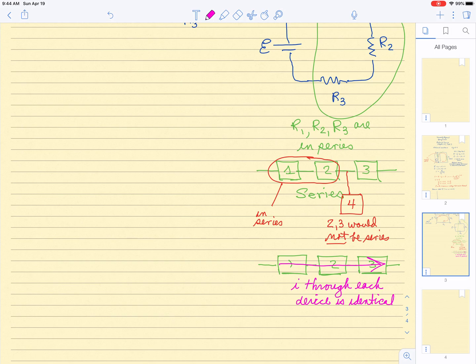But let's just think about that. That means that current moving through these devices can't bunch up, right? So current can't bunch up here and then be less in device 2 than in device 1. And likewise, current can't spread out. And so current can't bunch up or spread out, and so it's like water going through a hose. The current going through these devices then is going to be maintained and be identical throughout each device.